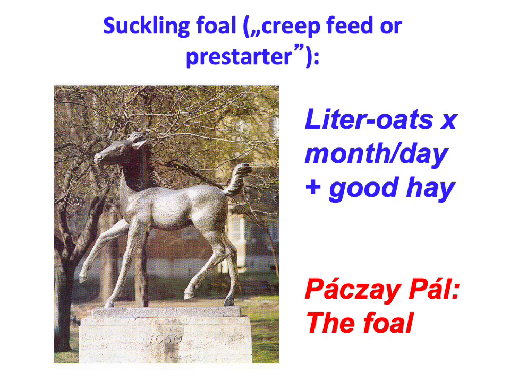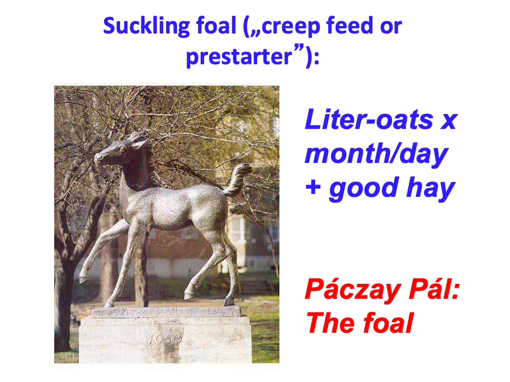The creep feed or pre-starter for the suckling foal is oats calculated in liter according to the age of the foal: liter of oats multiplied by the number of months per day, plus good hay.